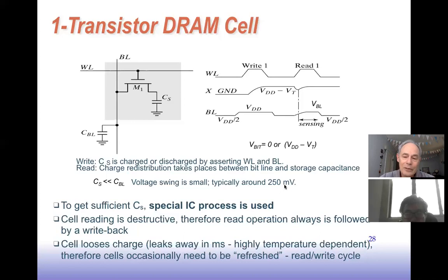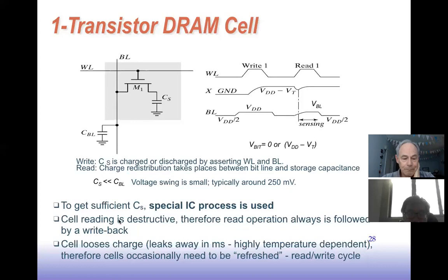So typically there's a very small change, in tens or 100 millivolts, depending on how it's all designed. Obviously things are better if we have more capacitance here, because that would lead to a bigger change on the bit line during the reading process, which means we could have a faster, more reliable reading process.